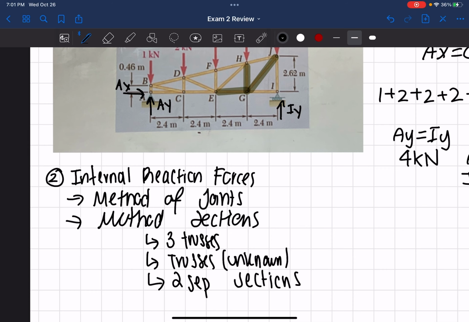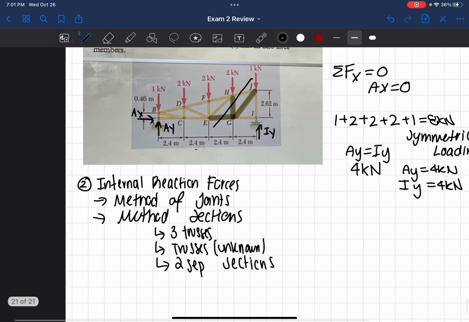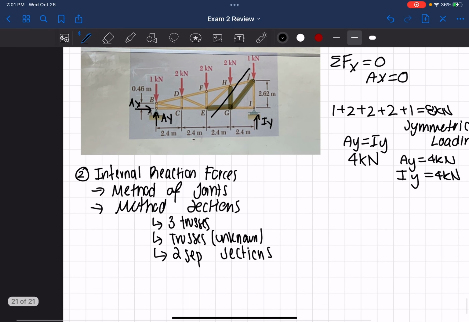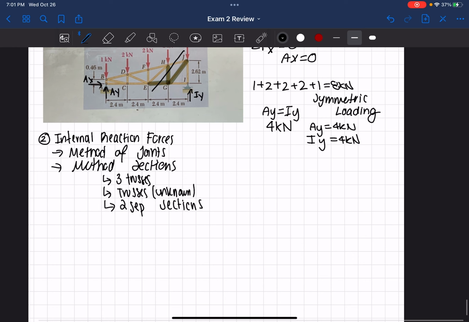So in this instance, because I can only cut 3, I'm going to cut like this. Now we have a right and a left section. What you want to choose is the section that has the least going on. So in this case, it's going to be the right section. I'm going to redraw my cut over here.